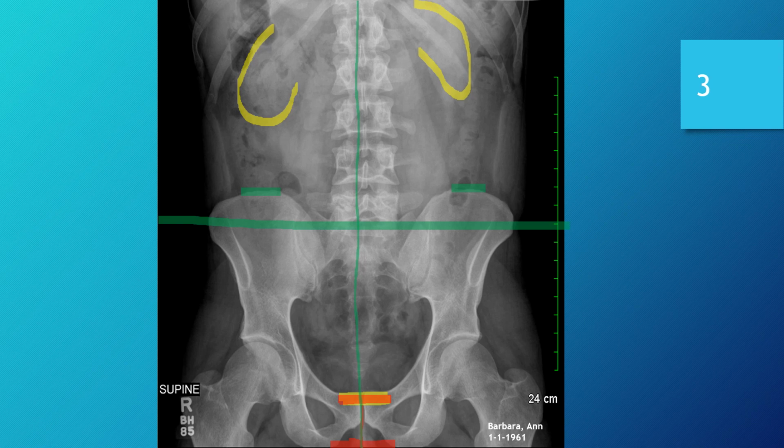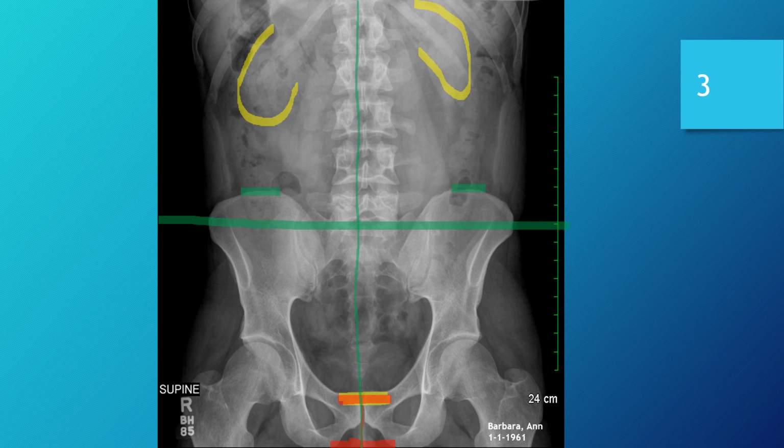Moving on to number 3, does the image demonstrate adequate exposure properties? It's quite possible that the contrast of this image was adjusted post-processing, and the reason I say that is because it's a bit low contrast for what I would expect to see on a KUB. There's definitely contrast visible.